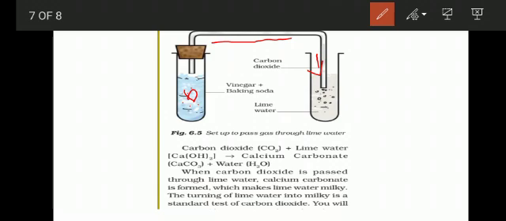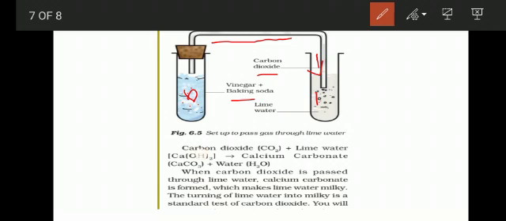So what does this reaction indicate? It's a property of carbon dioxide. When it is passed through lime water, the lime water turns milky white. Now observe the reaction given here. After mixing vinegar and baking soda, we get carbon dioxide, and we send that into the freshly prepared lime water.